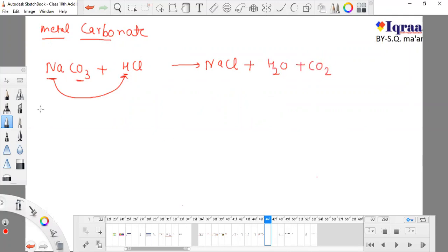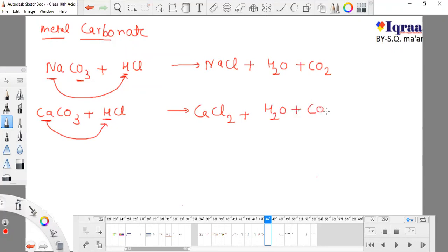If I use another metal carbonate, calcium is more reactive than hydrogen, so calcium can replace hydrogen. So it will form CaCl2 after balancing, H2O and CO2.